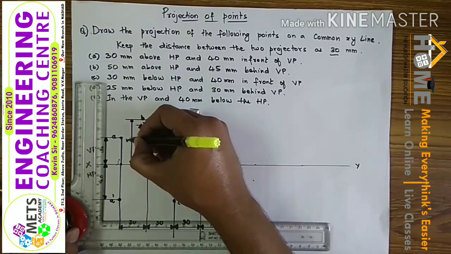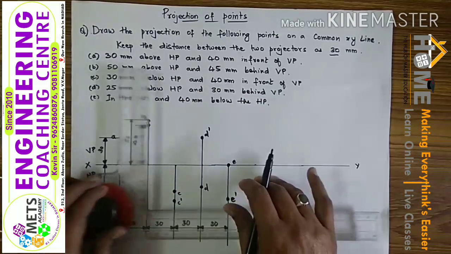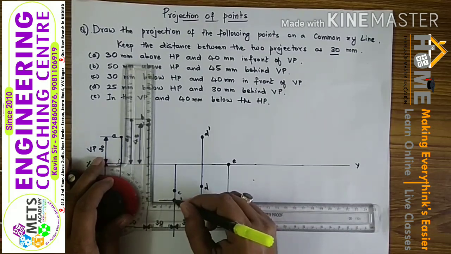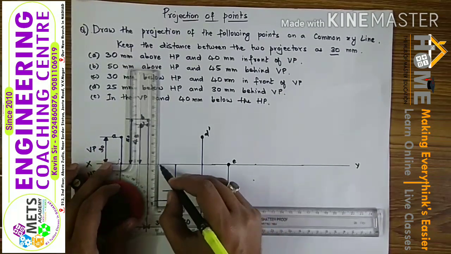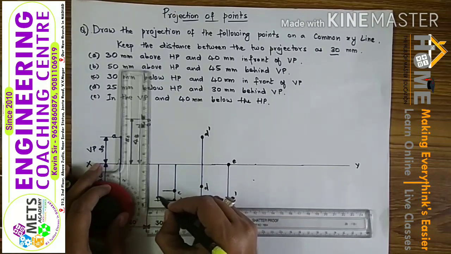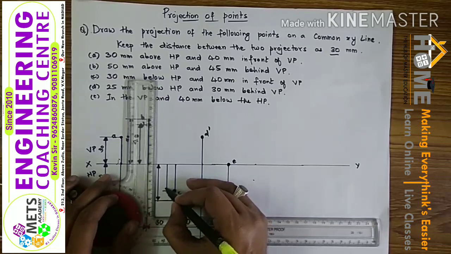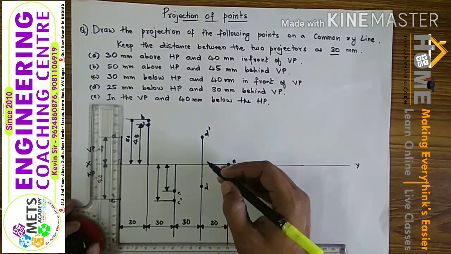This is 50 and this is 45. For each point we have to show the dimensions.